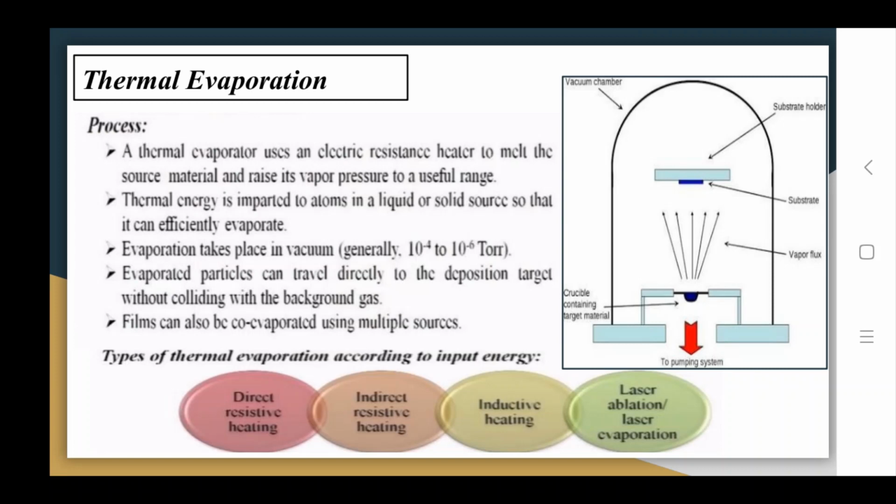Then we agitate these materials by means of a heater or electrical coil, so that this can form the vapor, and that vapor can be deposited directly onto the substrate itself.